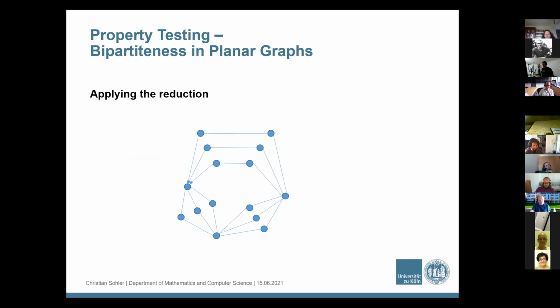Which means that in the end, we want to do the following thing. We want to self-reduce our graph in a number of steps, such that the graph always becomes easier, and such that the random walk probabilities do not change a lot.